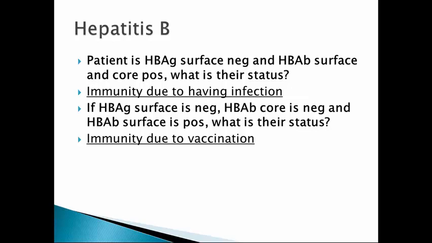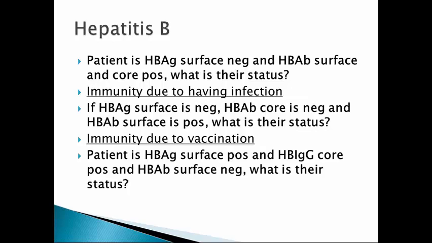Let's look at one more. Surface antigen is positive. Their IgG core is positive. And their surface antibody is negative. They are chronically infected. Now, you've got a positive surface antigen, so that's giving you a clue that something's not right here because they've got antigen present.